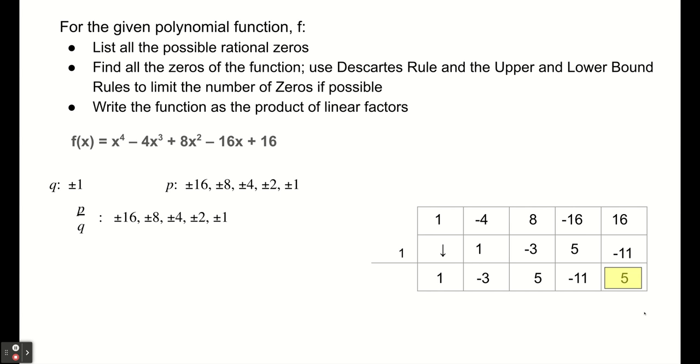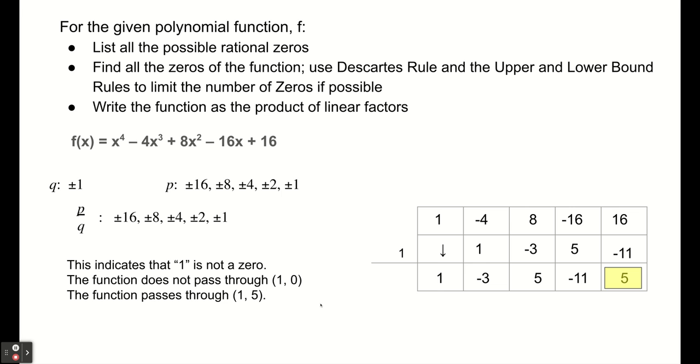That's significant because it tells us that 1 is not a zero of the function. The function will not pass through the point (1, 0). In fact, it will pass through the point (1, 5) because the remainder theorem says that whatever you divide by, the remainder is the y value at that x value.